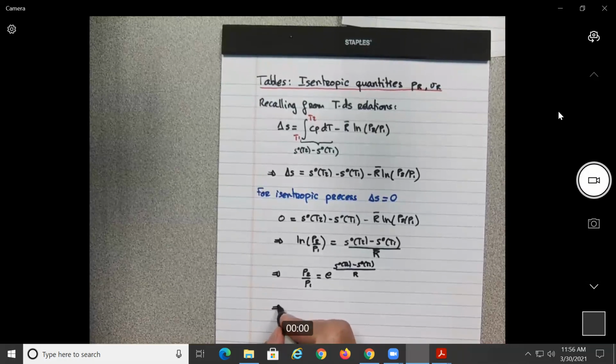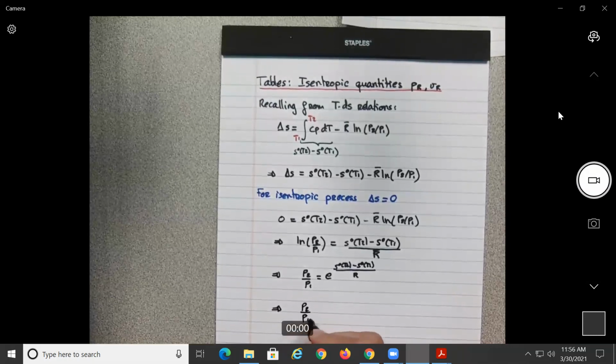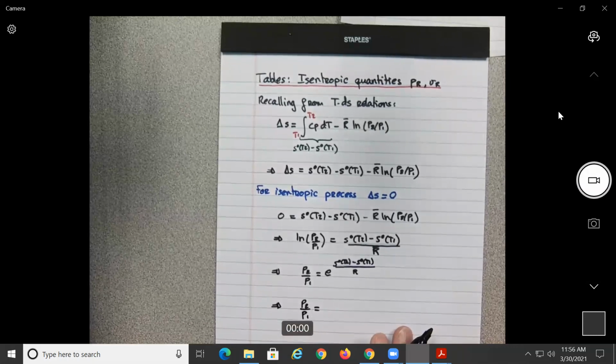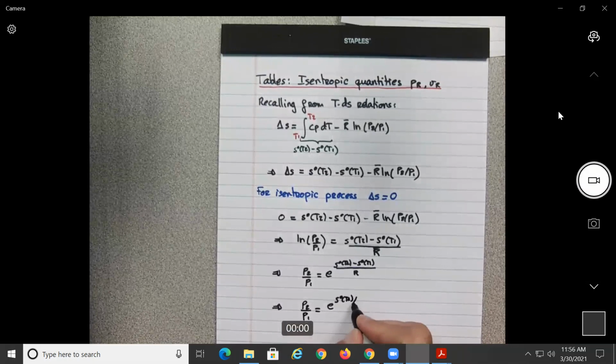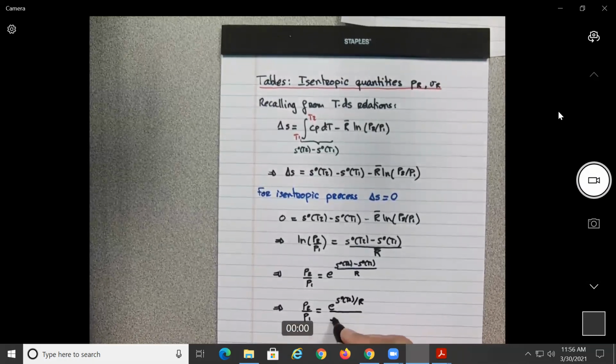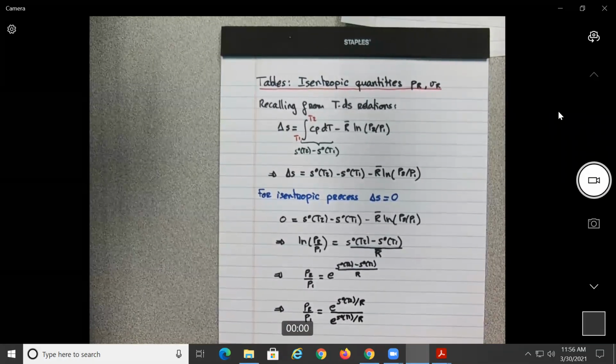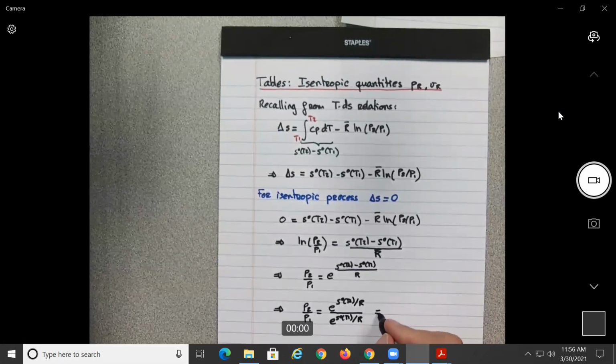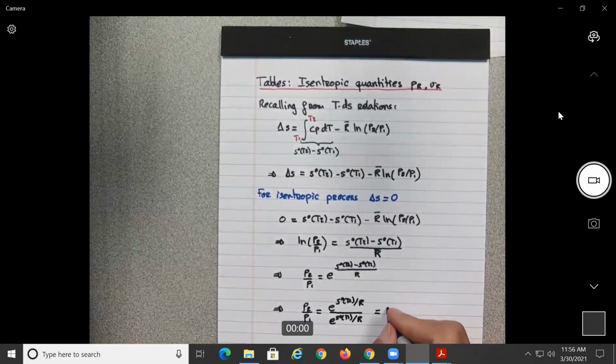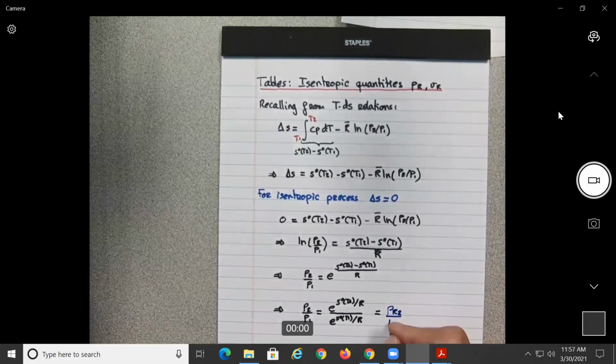Now using the exponential properties, we have P2 over P1. Again, the derivation is not important, but this will be equal to e to the S upper naught T2 divided by R, divided by e to the S upper naught T1 divided by R. And this is actually what they call the ratio PR2 over PR1.